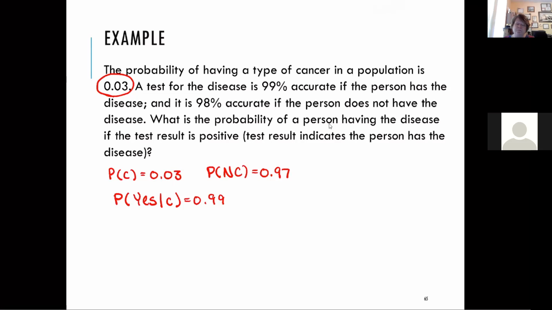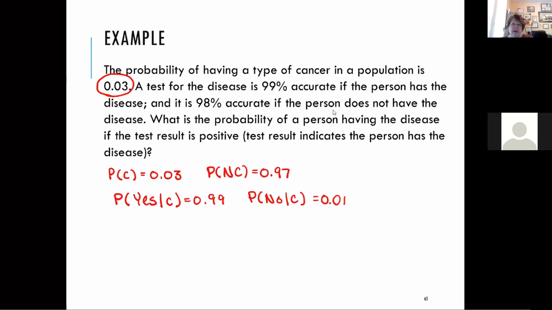All right. So in other words, I have another conditional probability. The probability that it tests negative, given I have cancer, is 1%. So 1% of the time, it doesn't catch the cancer. Okay, now what else does it tell me? It says 98% accurate if the person does not have the disease.